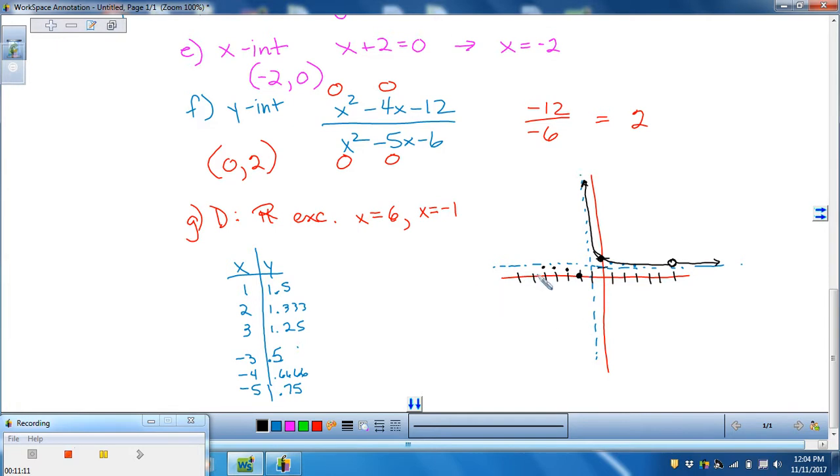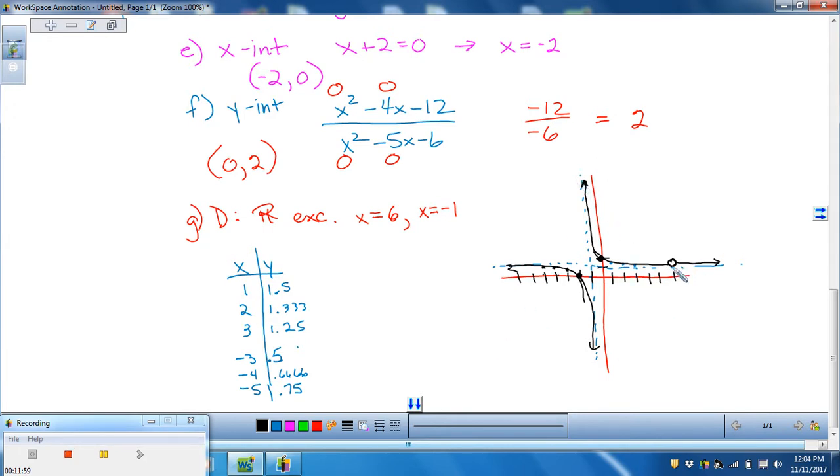On the other side, we have -3.5, -4.66666, and -5.75, and you'll notice that that also is getting closer and closer to the horizontal asymptote, whereas the opposite end is getting closer and closer to the vertical asymptote. So we have our typical rational function.